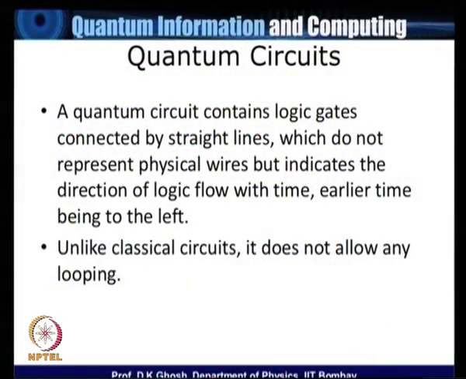In quantum circuits, they need not stand for any physical wire, but they essentially indicate the direction in which the logic flows. You should have the input at the extreme left of the circuit. Then as time progresses, we continue with the application of logic gates in the same order in which they come, so logic always flows with the earlier time being to the left.